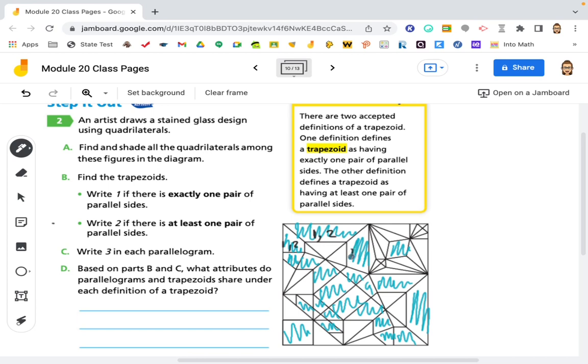This has 1. Oops, that's 2 sides. I re-looked at it.